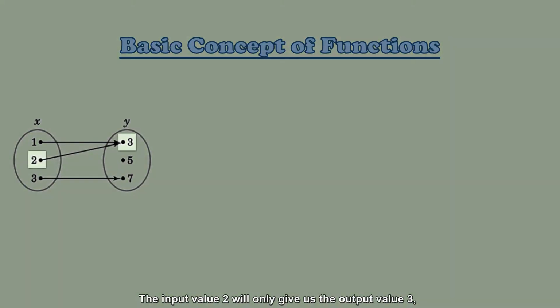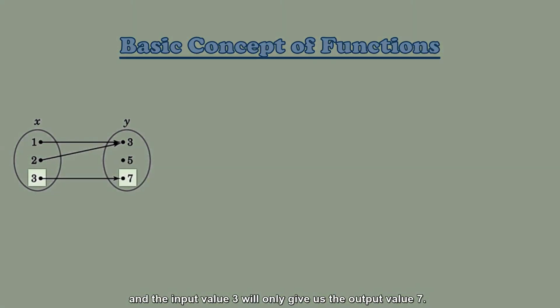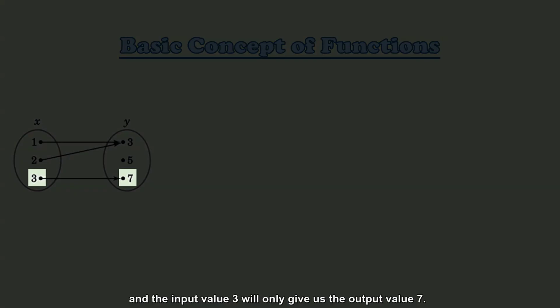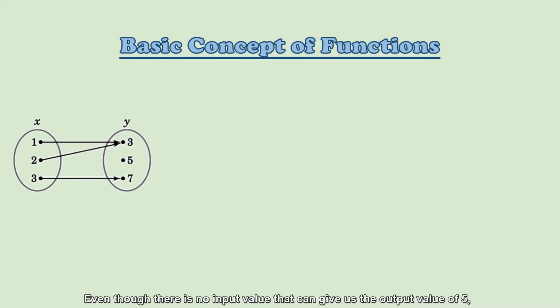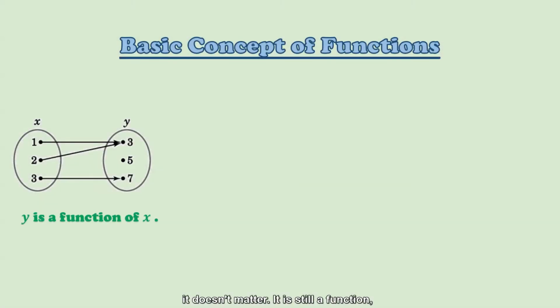The input value 2 will only give us the output value 3, and the input value 3 will only give us the output value 7. Even though there is no input value that can give us the output value of 5, it doesn't matter. It is still a function because each input value has only one output value. In this case, mathematically, we can describe that y is a function of x.